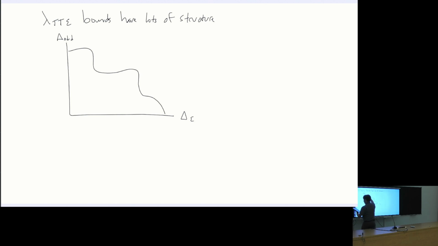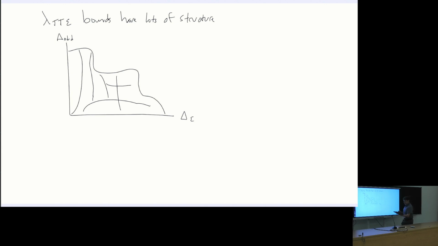But actually there are a lot of interesting peaks and ridges. Schematically, you see a bunch of structure like this. This is like a top-down view. These are all ridges in the TT epsilon bound that you see in this space. And so there seems to be a lot of structure there that's very much worth exploring.